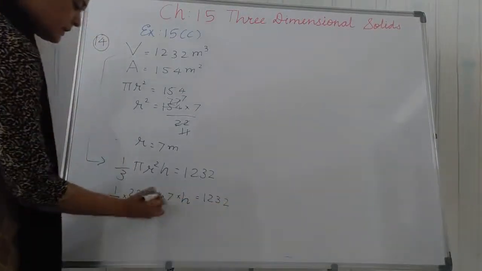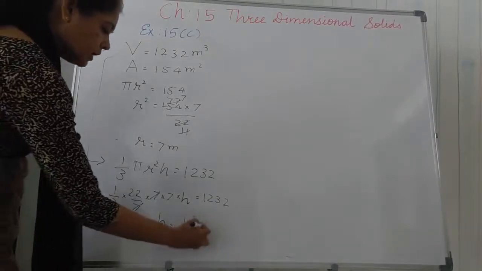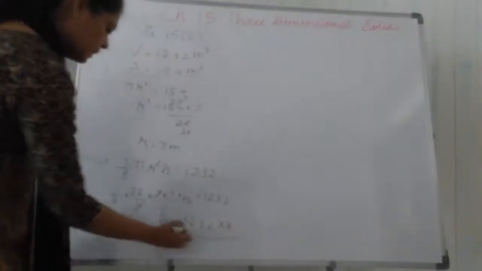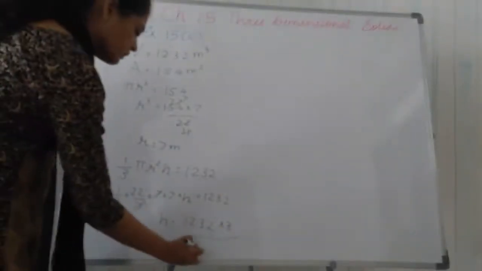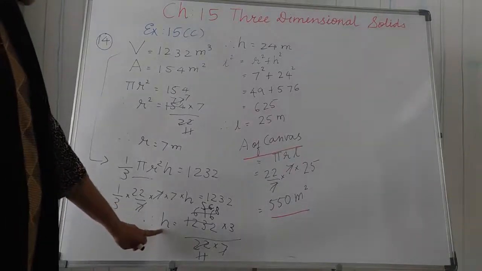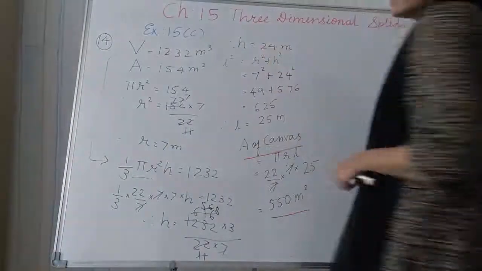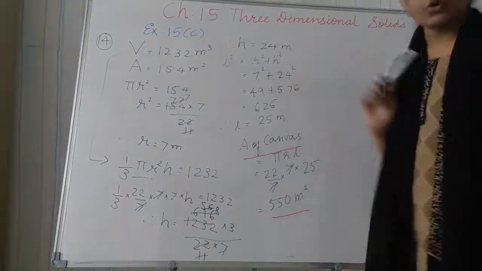The 7 gets cancelled here. So, I make h the subject: 1232 into 3, divided by 22 and 7. After cancellation, I get 8 and 3 only in multiplication. So, the h value I found here is 24 meter.